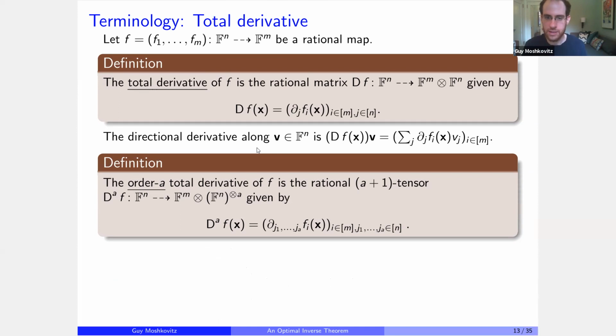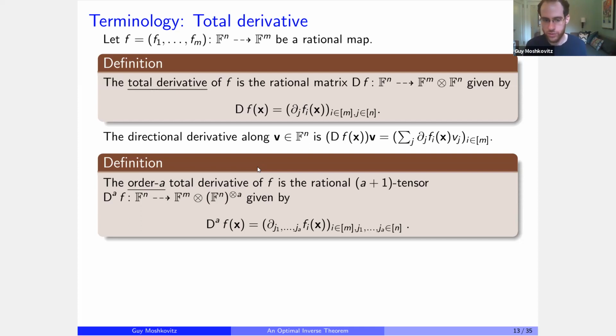As an example, if your rational map happens to be a polynomial map, then if you take the total derivative twice, you're getting a 3-dimensional matrix where every entry is a polynomial of degree the original degree minus 2.